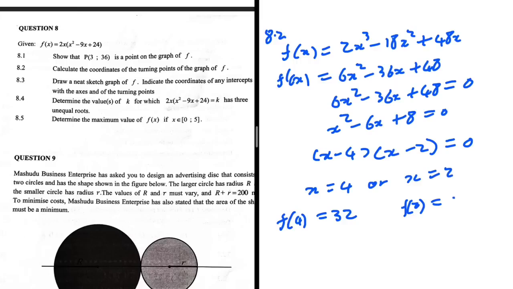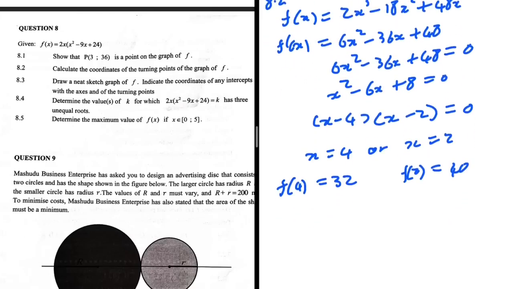I'm getting 40 here. So here we go, we have the coordinates of the turning points. Let's write them in coordinate form: 4 goes with 32 and 2 goes with 40.